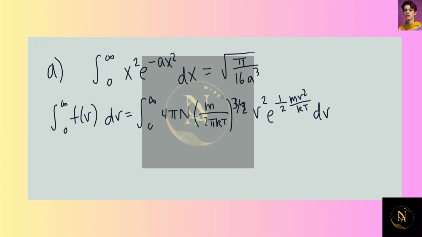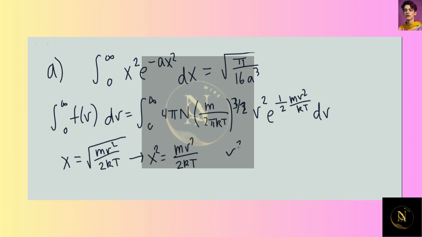Okay, so we can pull all these constants out to start. Let's say that x, doing just a change of variable, we'll call this root m v squared over 2kT. Therefore, x squared is just m v squared over 2kT. We're just setting up this integral to look a lot more like the table.